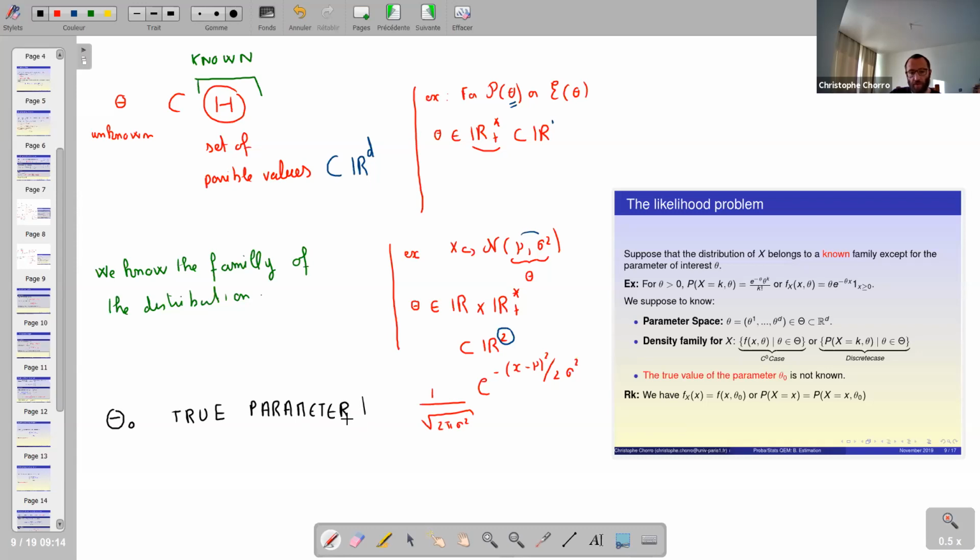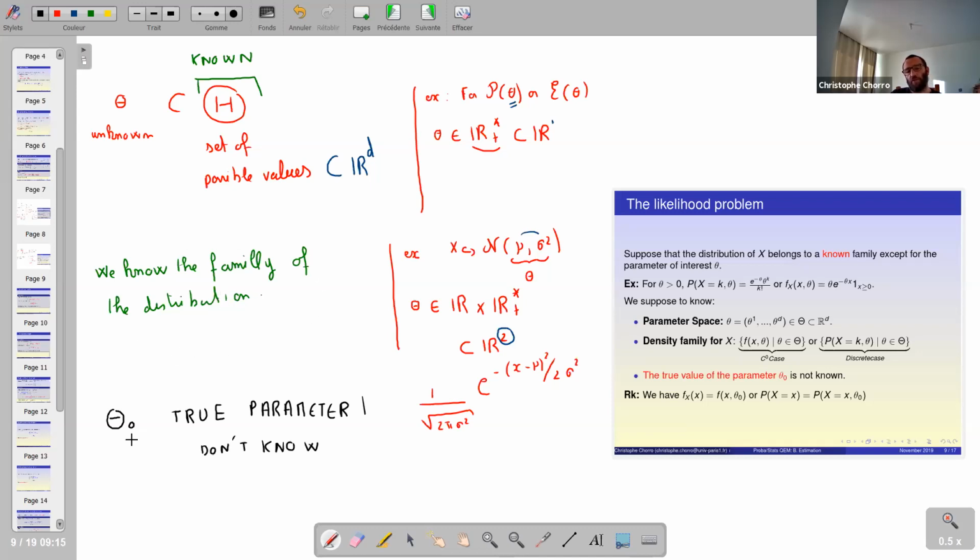Of course, I don't know this one, but I just give it a name. I want to approximate theta 0. I know that theta 0 is among this set of possible values, and that theta 0 is related to a particular family of distribution.